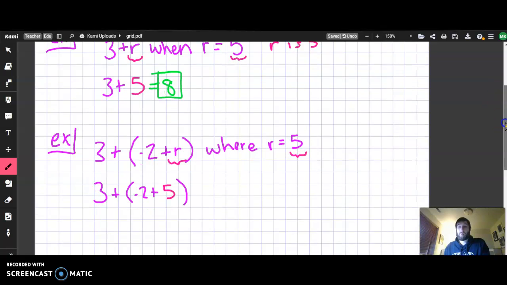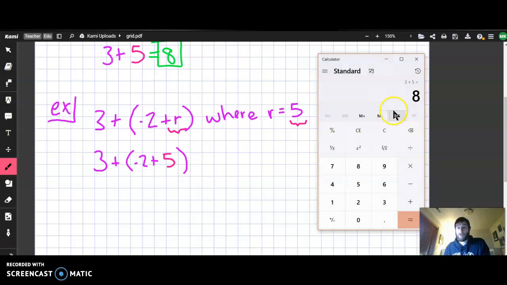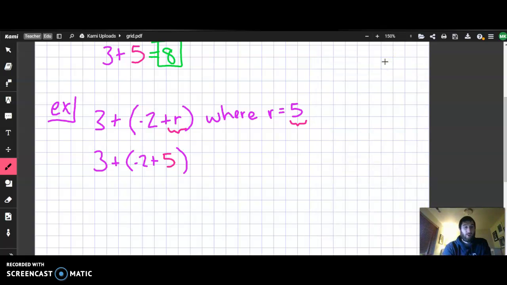So in this problem, we have the -2 plus 5. So what is the -2 plus 5? Well, -2 plus 5 gives us 3. And we did what was inside the parentheses.